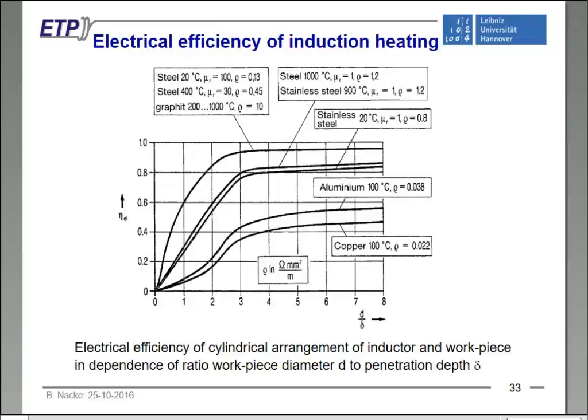If we look at gray iron, and if we have a cold material, scrap, we have nearly 95%. But if it is melted, we have maybe 85%. But if we are looking at aluminium or copper, these efficiencies are much lower. This is, as I explained already, the disadvantage of a crucible furnace if you have to melt aluminium or copper.